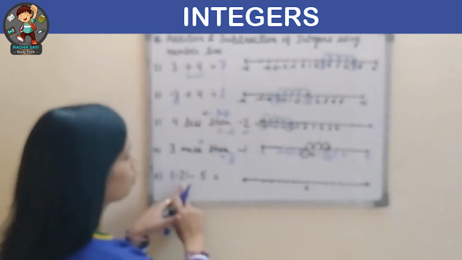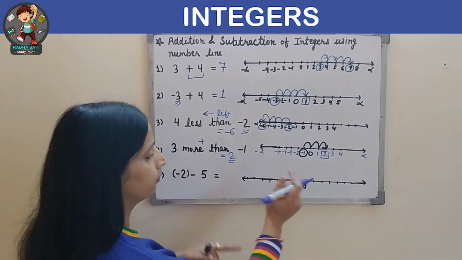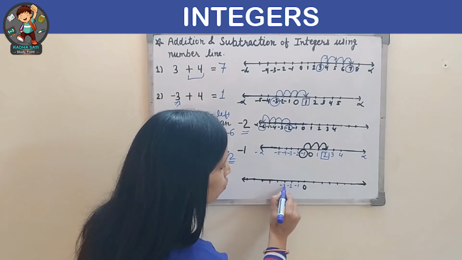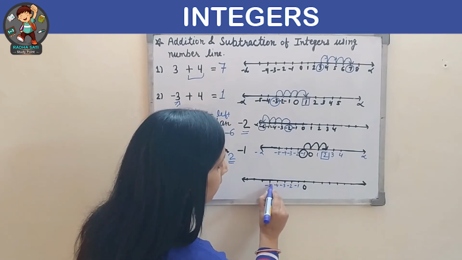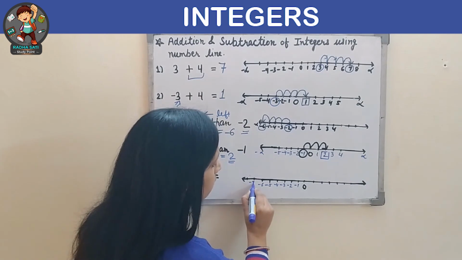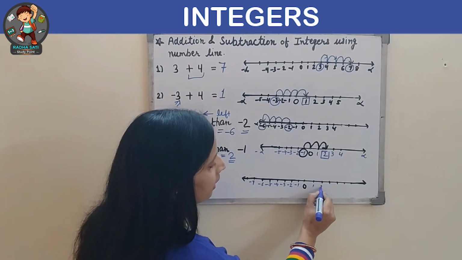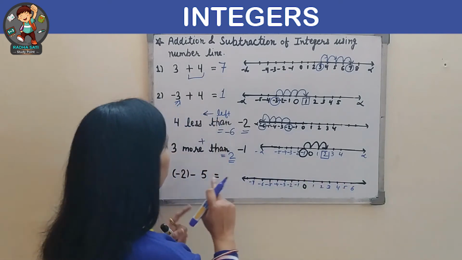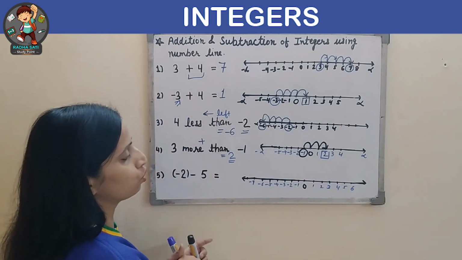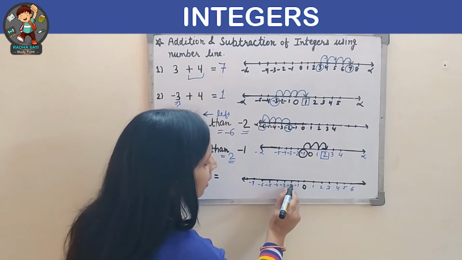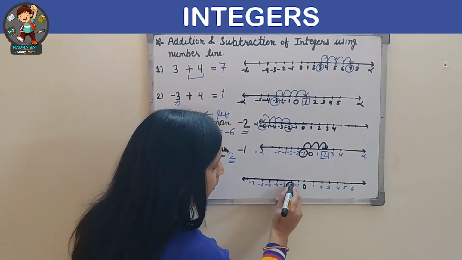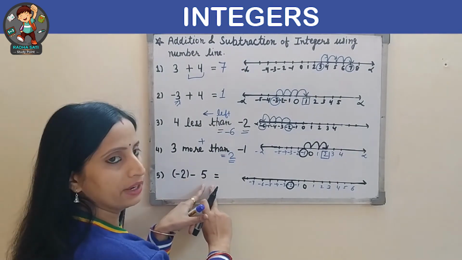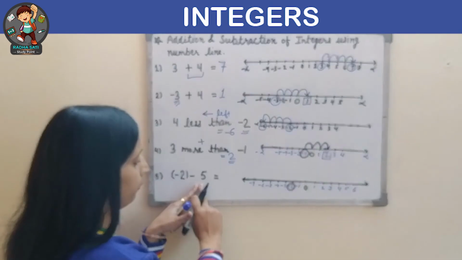Next is minus 2 minus 5. Now again mark the numbers minus 1, minus 2, minus 3, minus 4, minus 5, minus 6, minus 7 and this side positive numbers. Now first thing is to mark minus 2 on the number line. So I have marked minus 2. Now after minus 2, we have to subtract 5.